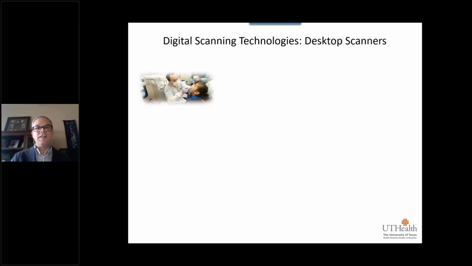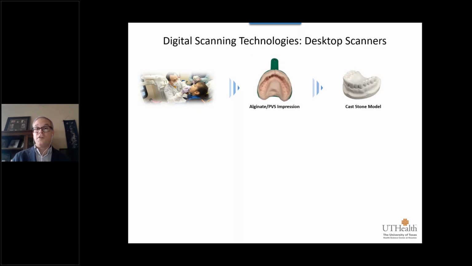So just to give you a brief introduction to digital scanning technologies, one can still apply traditional impression techniques using alginate or polyvinyl siloxane to capture the dental anatomy of a patient and then cast a plaster or stone model from that impression.